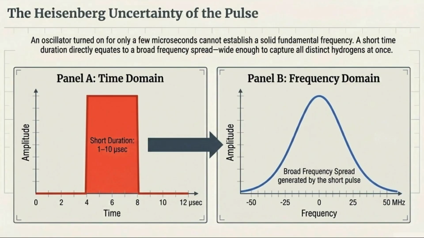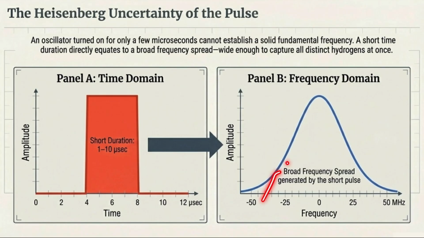Now the question is how this pulse, which consists of so many frequencies, is generated. We turn on the radio frequency generator for only a very short period of time, just 1 to 10 microseconds. Because this time is so short, instead of generating exactly 90 megahertz, it produces a burst of frequencies spread around 90 megahertz.